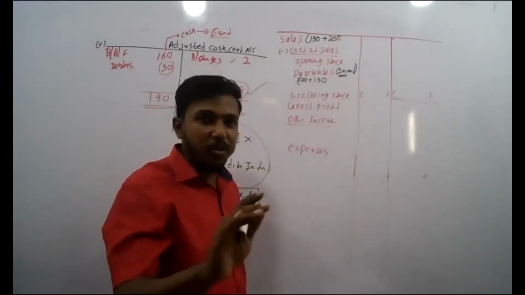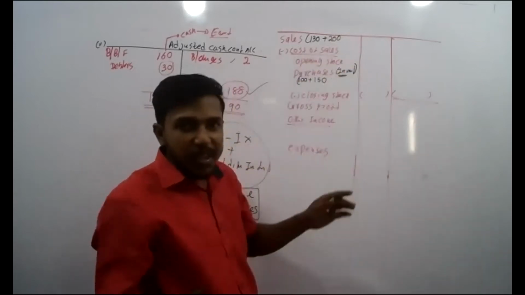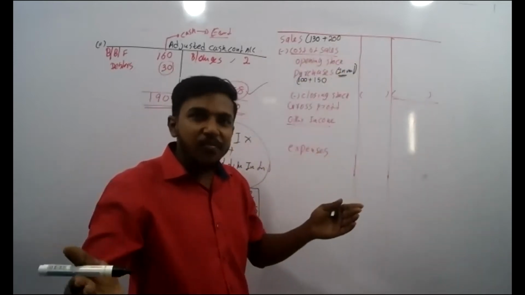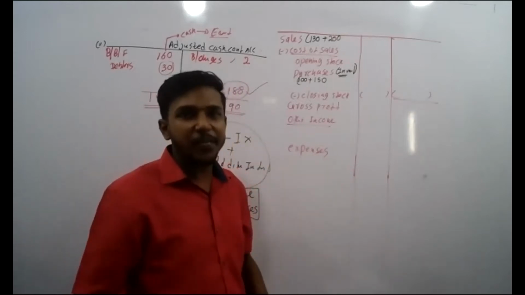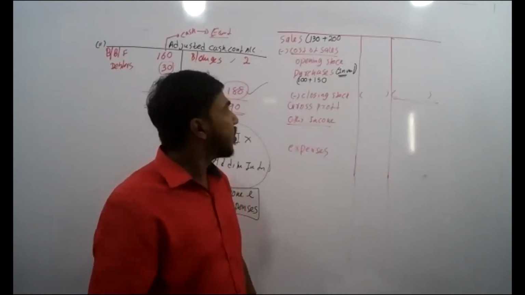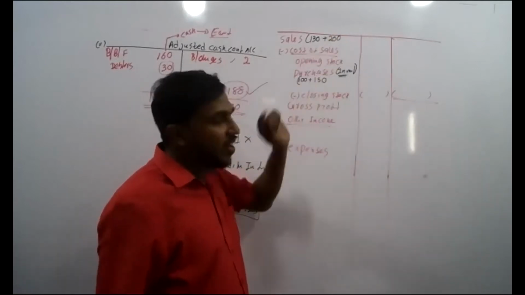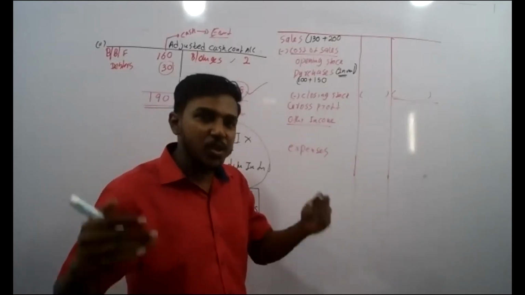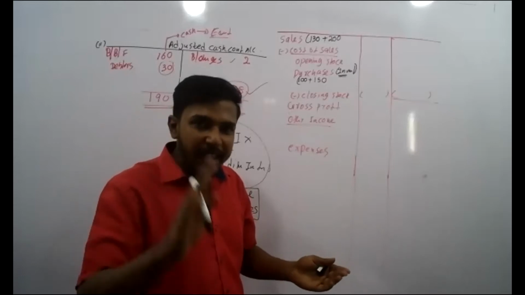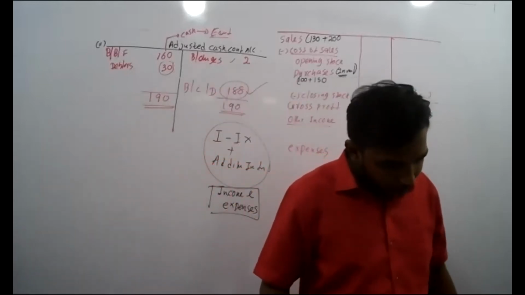These two transactions are on credit basis, but we don't mind whether it's cash or credit. We just focus on whether it's a sale or an inventory purchase. It could be cash or credit purchases, cash or credit sales. Whatever.